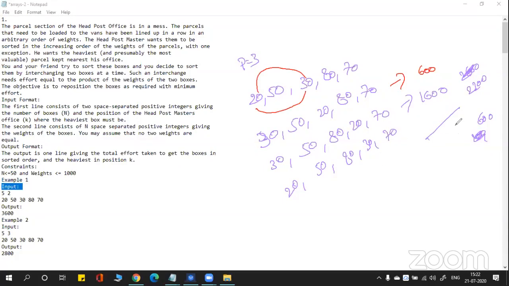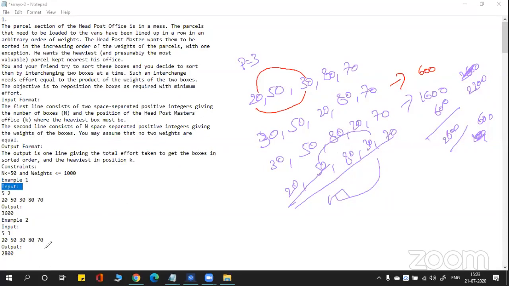I'm getting 600. I'm getting 2800 as a sorted order, but my numbers are not in sorted order, right? I should shift these two definitely, because in the question they are giving a sorted order. Okay, fine.